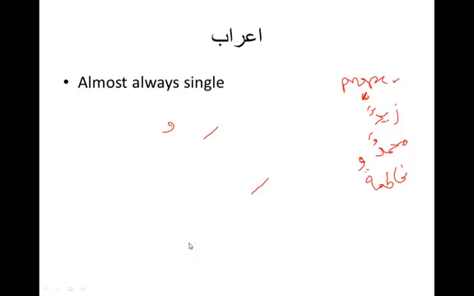Again, the exception. There are certain classes of words that never take tanween, but usually the nakira will have tanween. Baytun. And some of these, Ibrahim is single, for example. You never put double, you just keep it like that. So this is the one exception, but otherwise, as a general rule: ma'rifa, single; nakira, tanween. Ma'rifa, single; nakira, tanween. Okay?